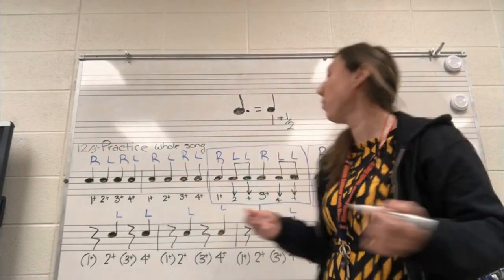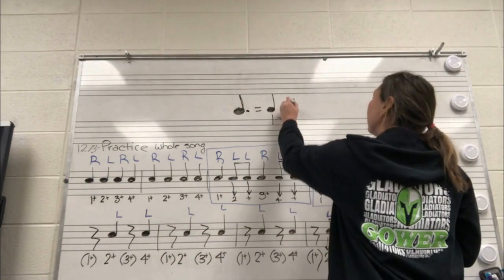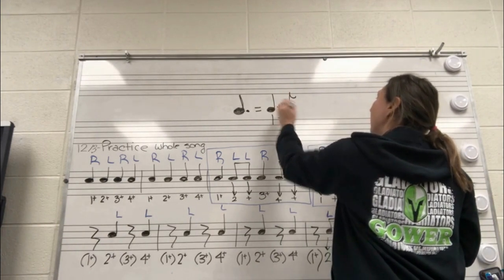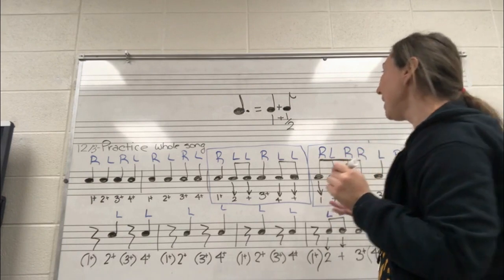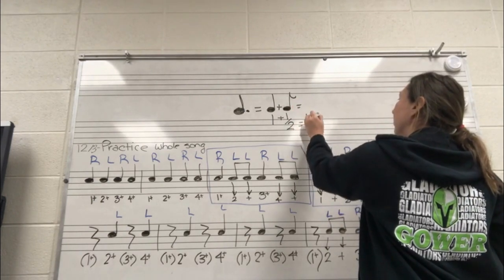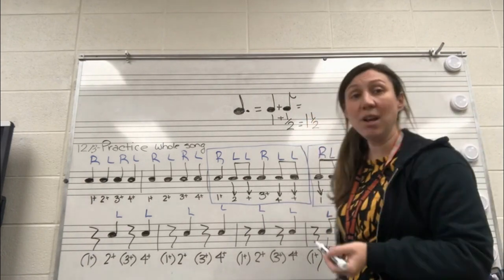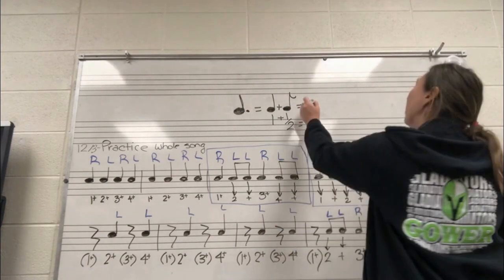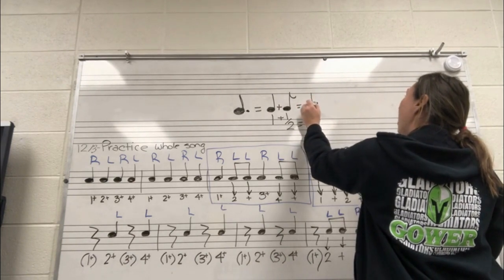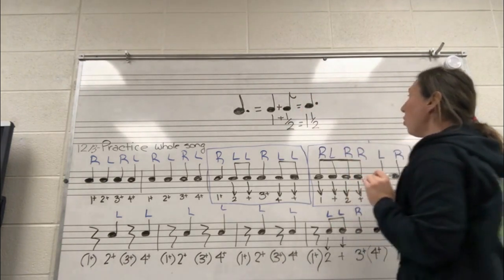It's our 8th note. So again, we're adding this together. So we're going to get 1 1/2, which would make our dotted quarter note.